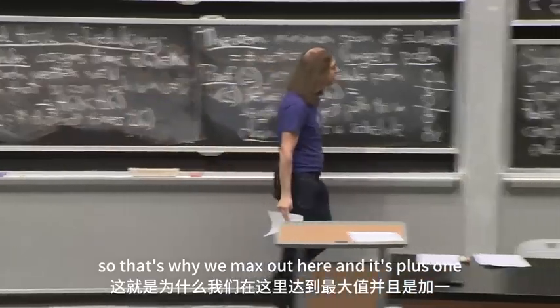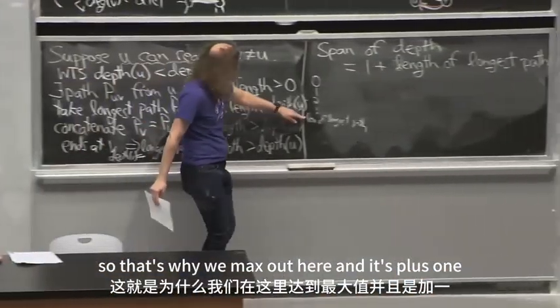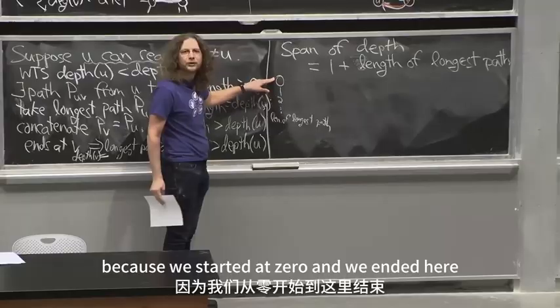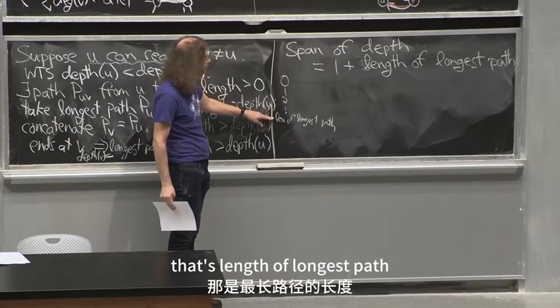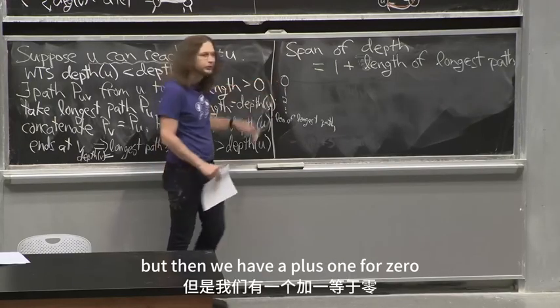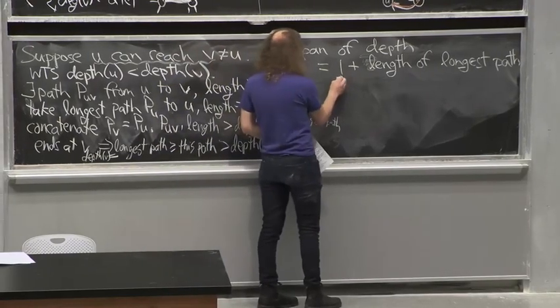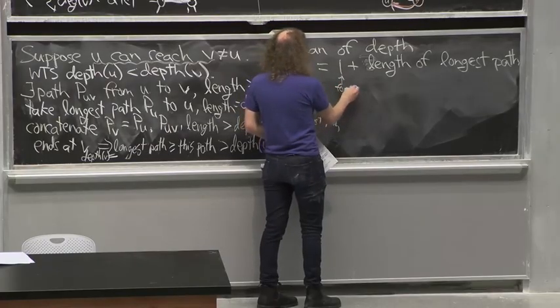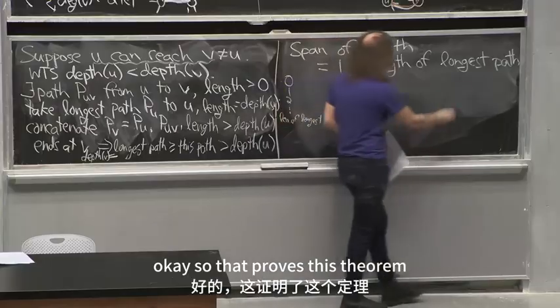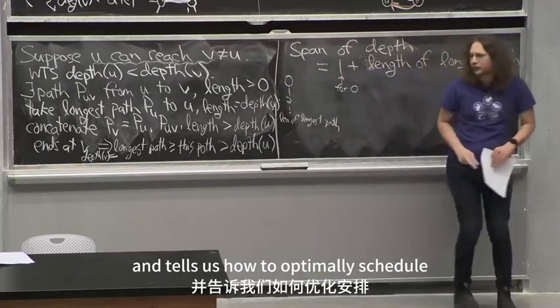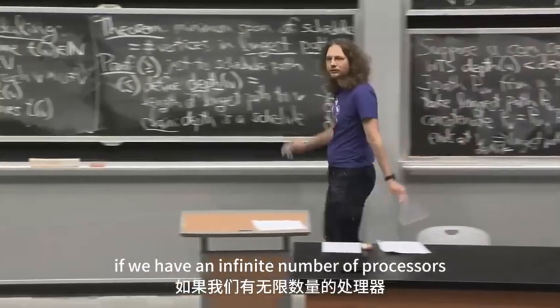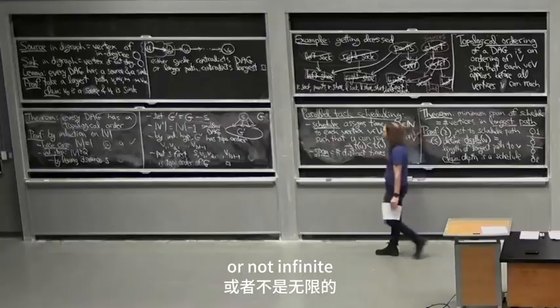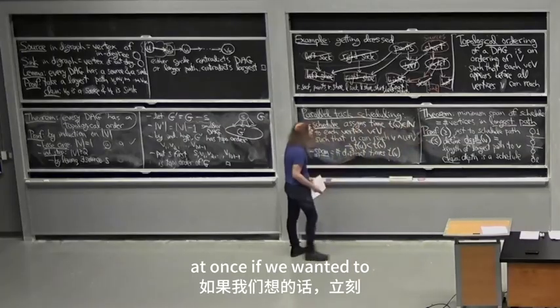That's why we max out here. And it's plus 1 because we started at 0 and we ended here. So we have 1 through length of longest path, but then we have a plus 1 for 0. Okay, so that proves this theorem and tells us how to optimally schedule if we have an infinite number of processors. Or not infinite, but enough that we could do all the tasks at once if we wanted to.